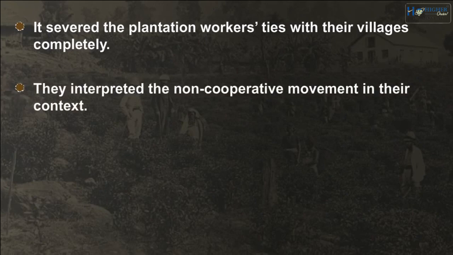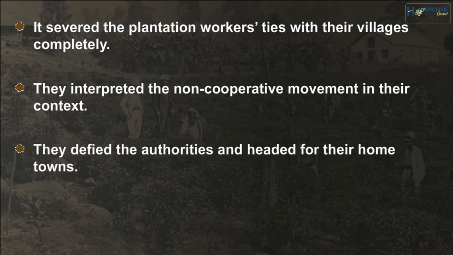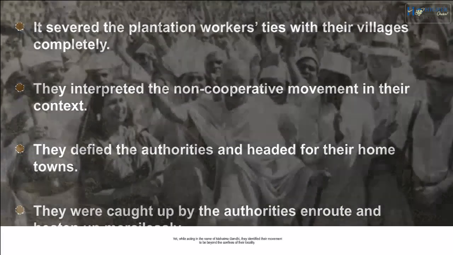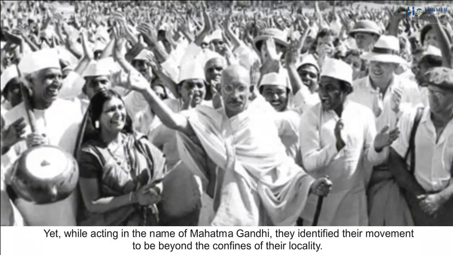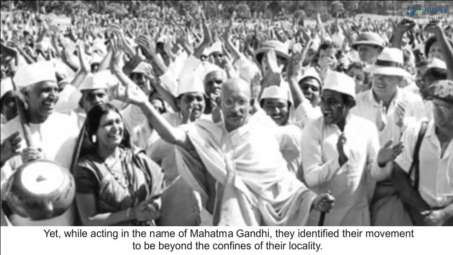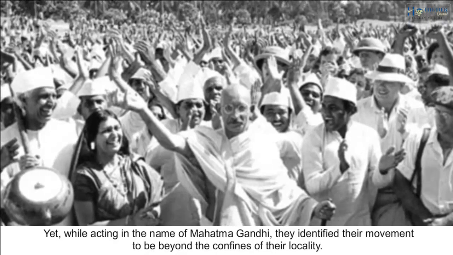They interpreted the non-cooperation movement in their context. They defied the authorities and headed for their hometowns. They were caught by the authorities en route and beaten up mercilessly. Yet, while acting in the name of Mahatma Gandhi, they identified their movement to be beyond the confines of their locality.